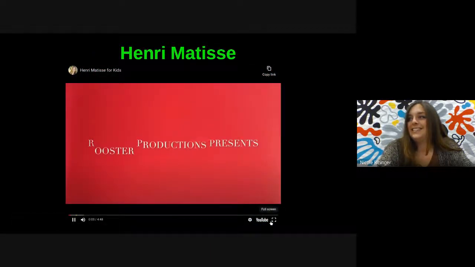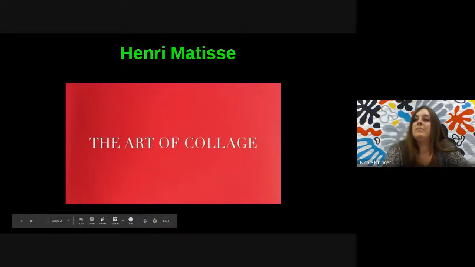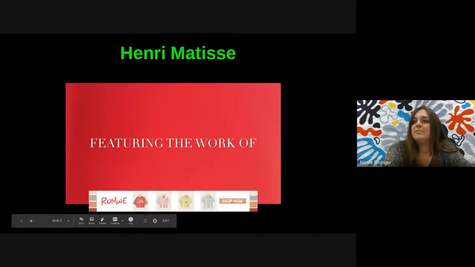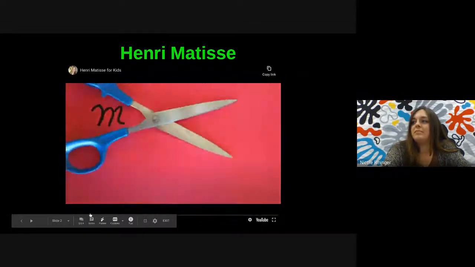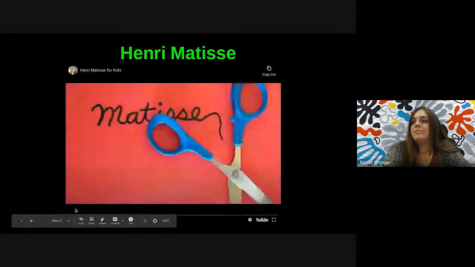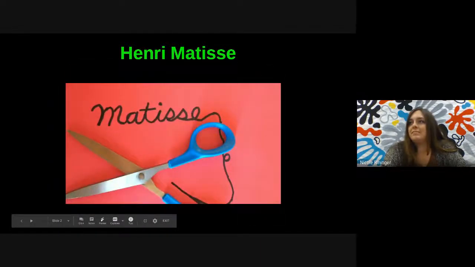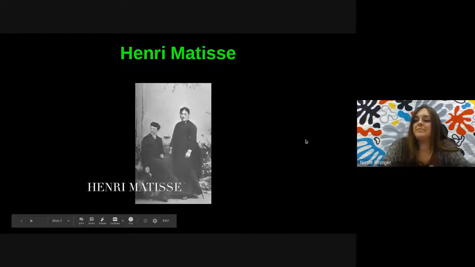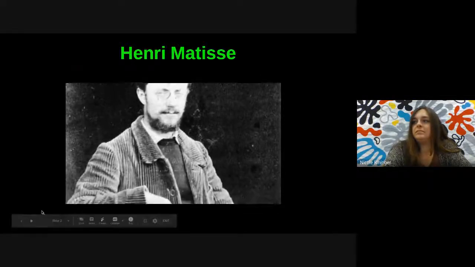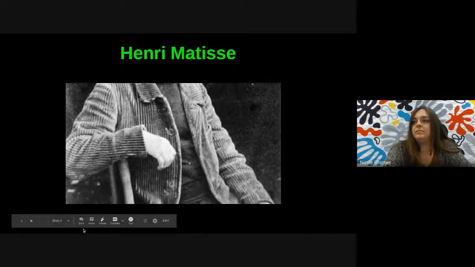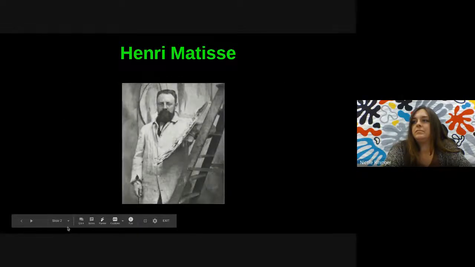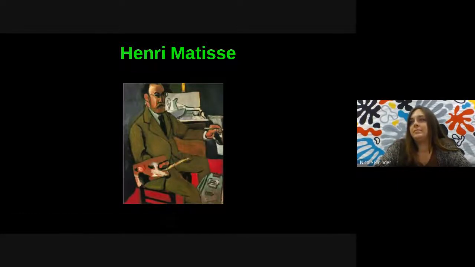Hi friends, we're gonna do some collage. Today we will learn about the artist Henri Matisse. Matisse was born in a small town in northern France in 1869. When he finished school, he moved to Paris to study law and become a court administrator. However, he tried out painting while he was healing from an illness and quickly decided that he wanted to be an artist instead of a lawyer.